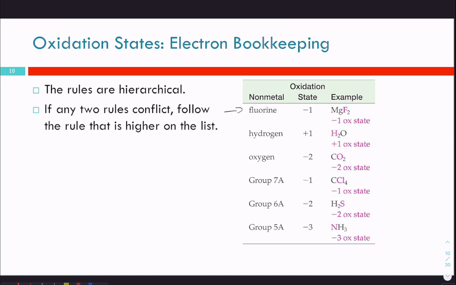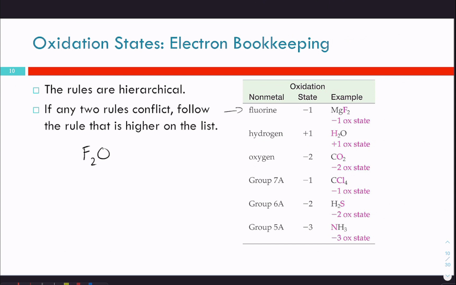To try and illustrate this, if we had a compound of fluorine, let's call it F2O, difluorine oxide. In this case, fluorine is higher on the list than oxygen. And we know for these non-metal molecules, our oxidation states have to add up to 0.